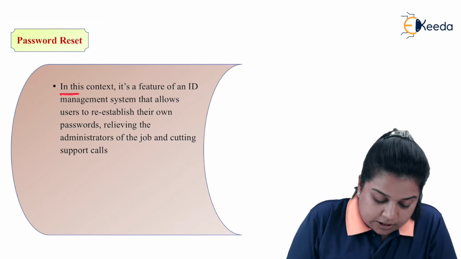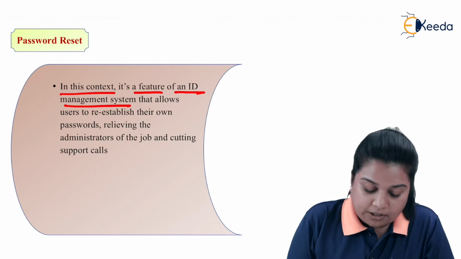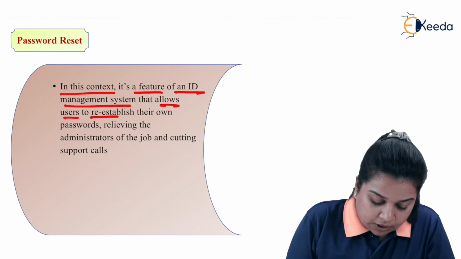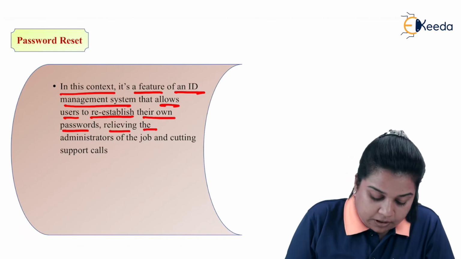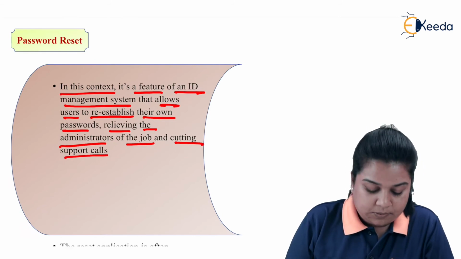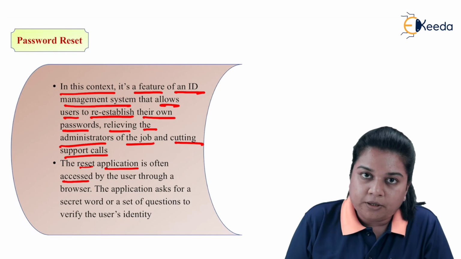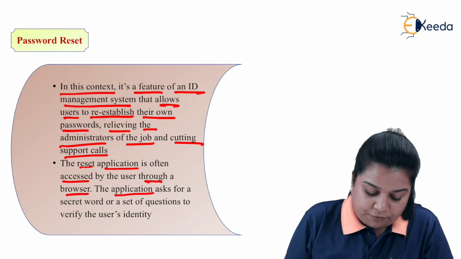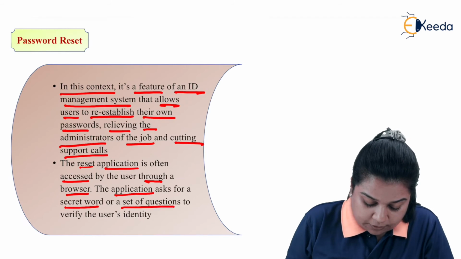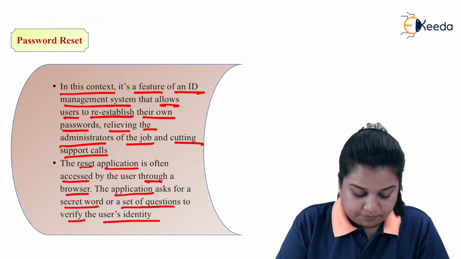In this context, it is a feature of an ID management system that allows users to re-establish their own passwords, relieving the administrators of the job and cutting support calls. The reset application is often accessed by the user through a browser. The application asks for a secret word or a set of questions to verify the user's identity.